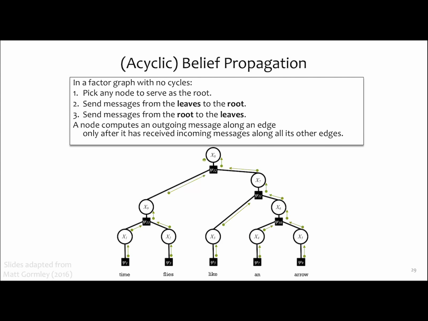Similarly, on the way back, when the root receives all of the messages, it starts sending messages back. The same rule applies: if you want to send a message from a factor to a node, you have to wait until all of the incoming messages are there. Is the scheduling of the message passing clear?